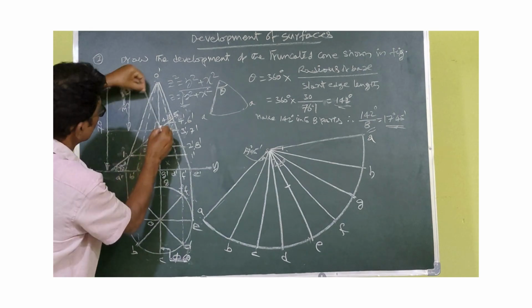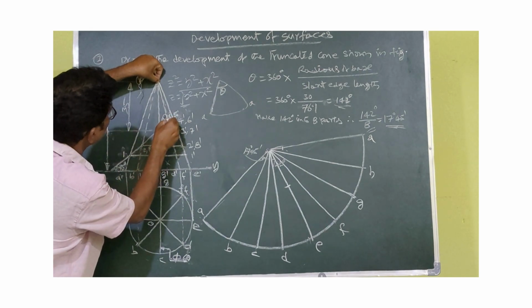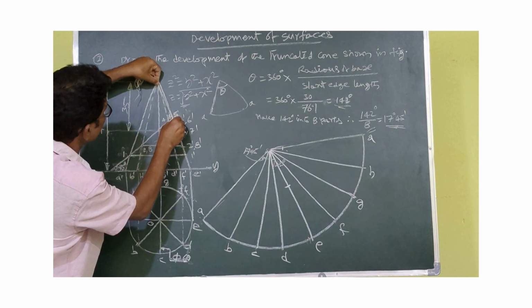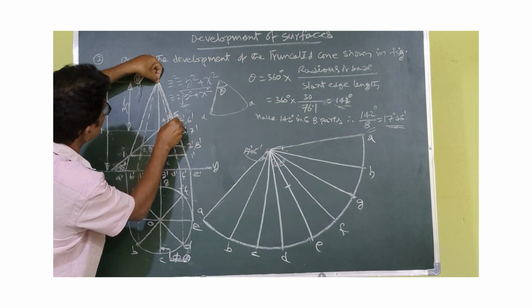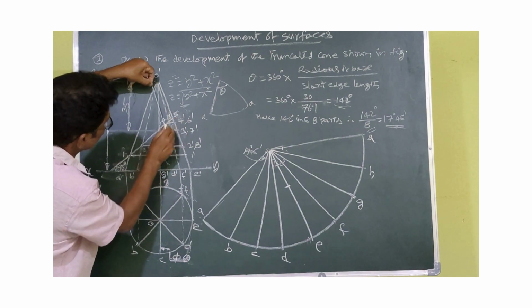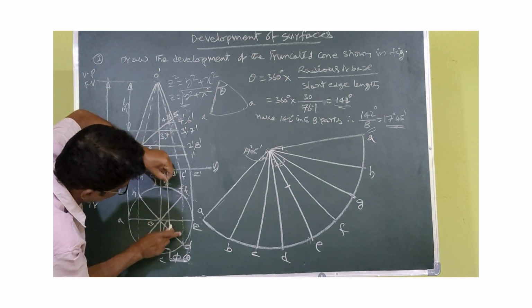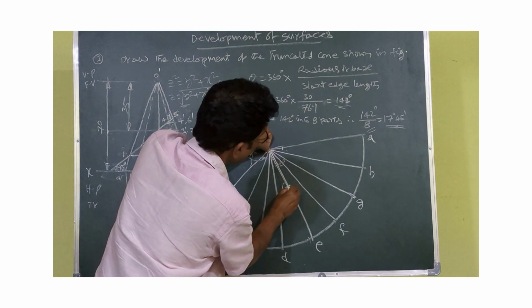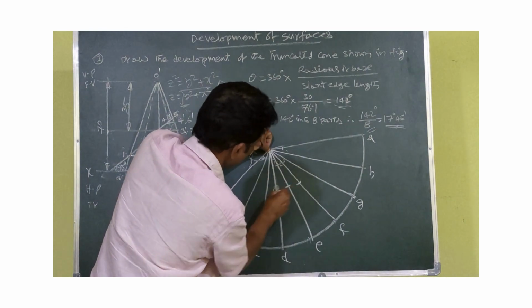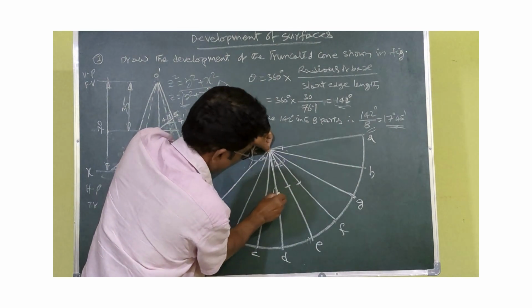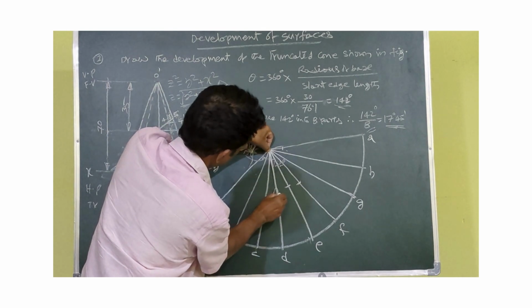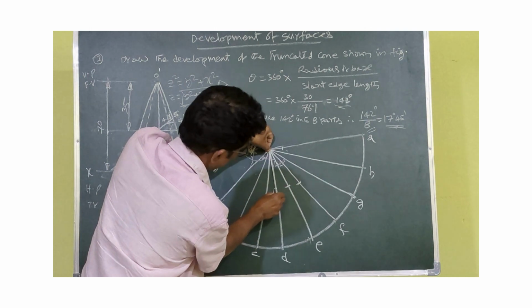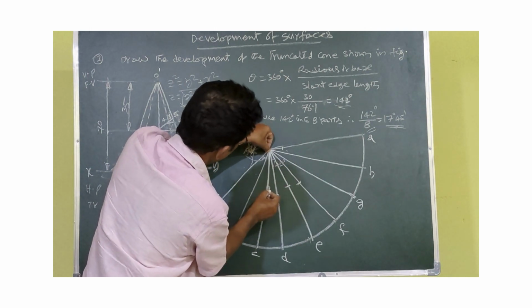Next O dash to 4 dash and 6 dash, the 4 dash equals the generator of D and F. So at this point you cut D and F, and this is the D.